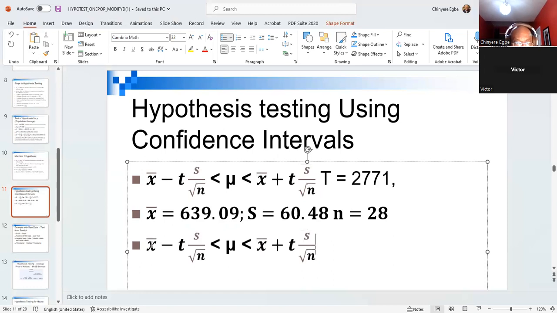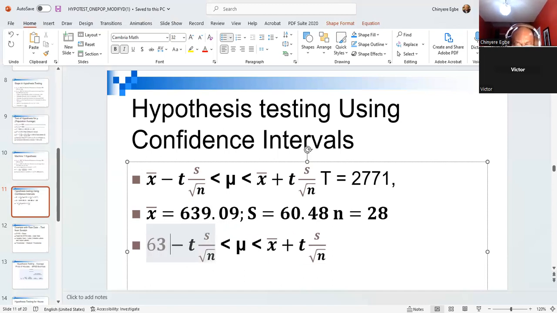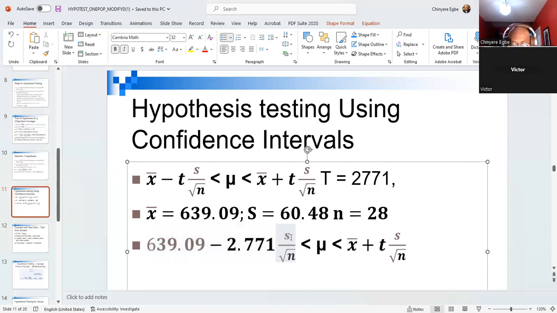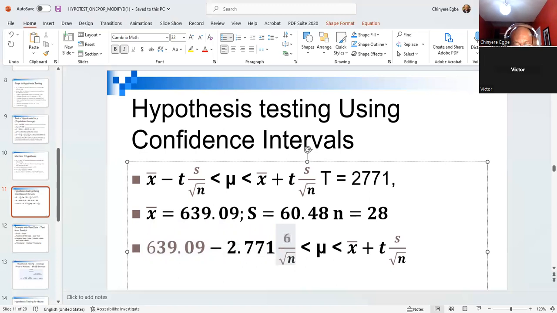Put it down here. So instead of that, I will have 639.09, and our T will be 2.771. Our S will be 60.48.